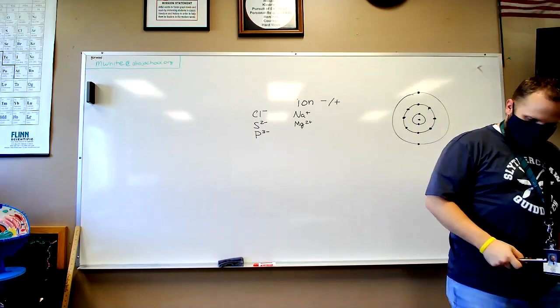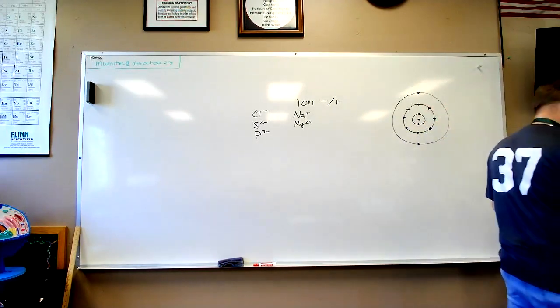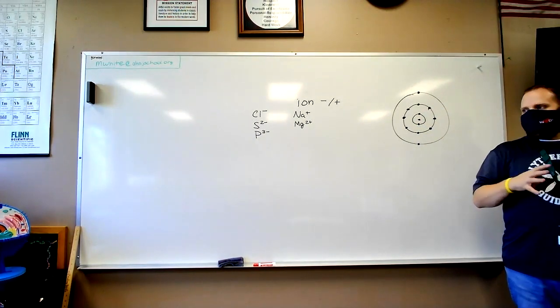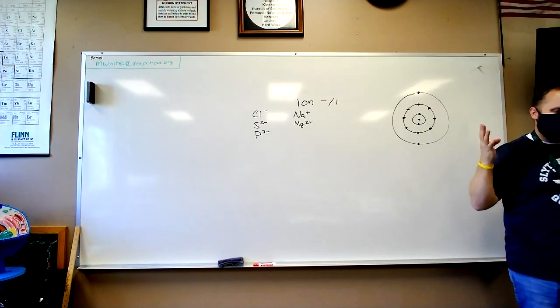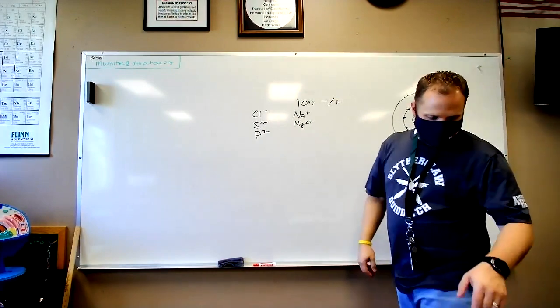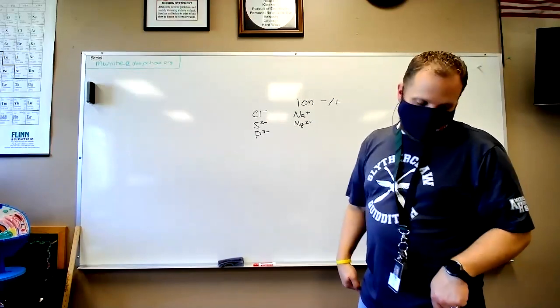which is the most electronegative. Now, the electronegativity scale goes from 0 to 4. I'm not sure why they picked 0 to 4. That's just the numbers they picked. So fluorine, with its 3.98, is the most electronegative.